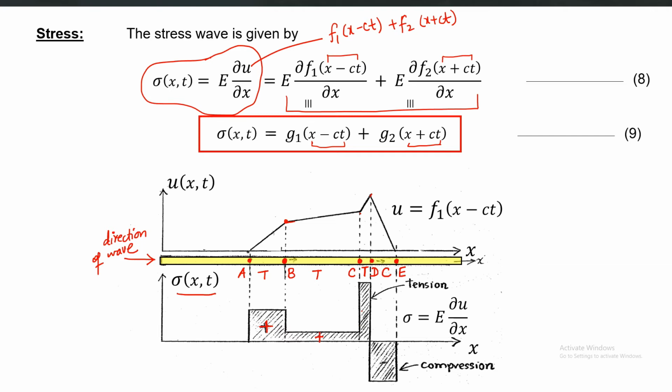From C to D you again have very high tensile stresses, but from D to E you have a compression stress or negative stress. So this will be the profile of stress because of that displacement profile which we just showed as an example. So this shape is basically the F1 function. This is an example for F1.